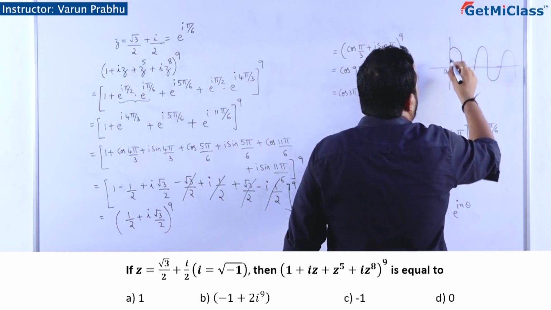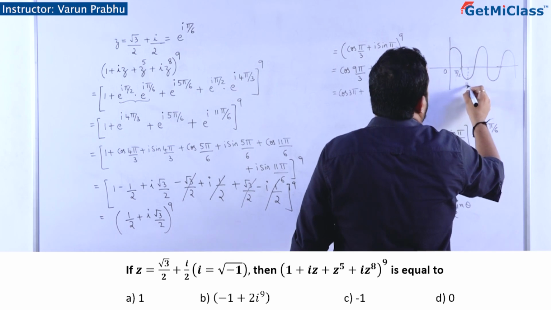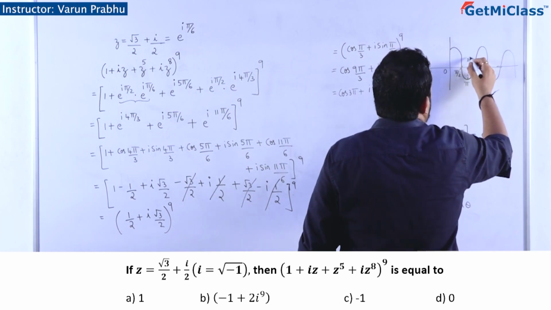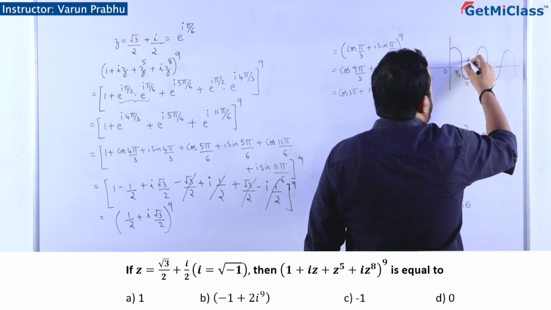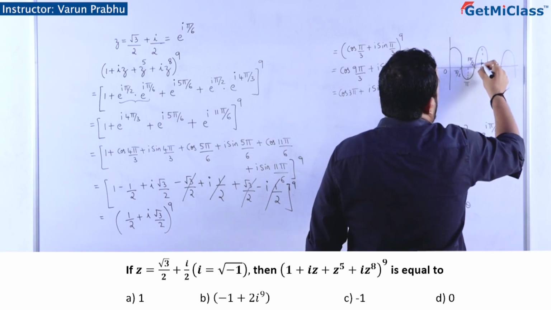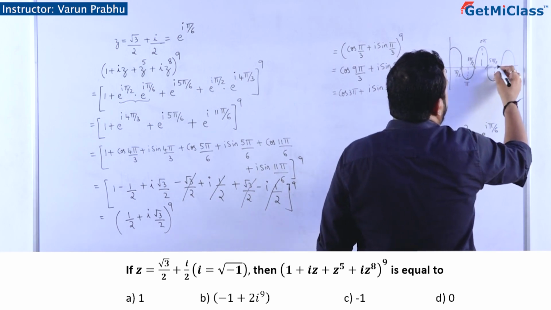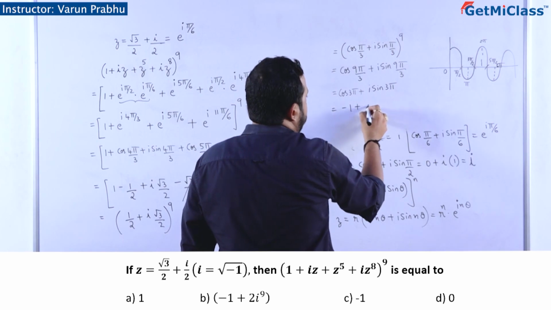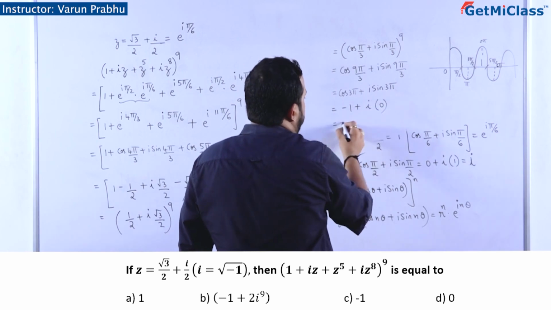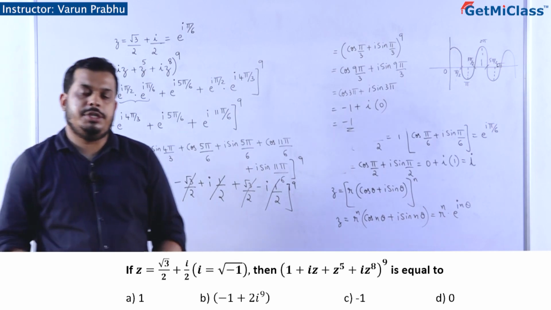So this is nothing but cos 0, this is cos 90, this is cos pi, this is cos 3 pi by 2, this is cos 2 pi, and this part will be cos 5 pi by 2, and this part will be cos of 6 pi by 2, 3 pi. So what is this answer? Minus 1 and plus I into 0. So the answer to the question will be equal to minus 1 is the answer. Very important question, mark it.